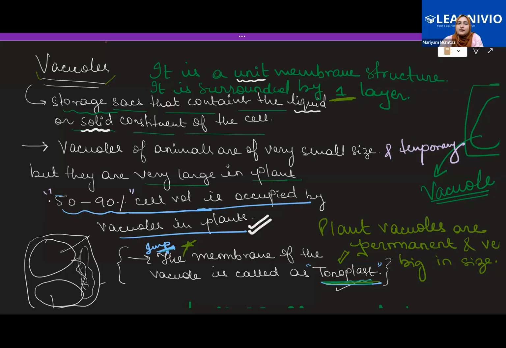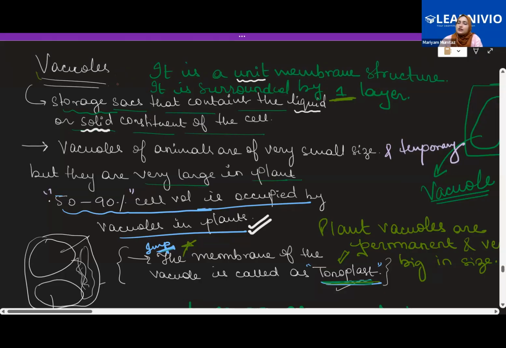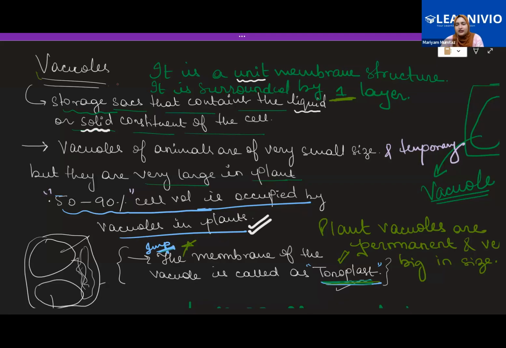Now, why are vacuoles present in the cell? The main function of the vacuole is storage. It stores the liquid part of the cell, the solid part of the cell, everything. So, the main function of the vacuole is to provide storage for the cell. Now, remember, mostly the vacuoles in the case of animals are very, very small and temporary.